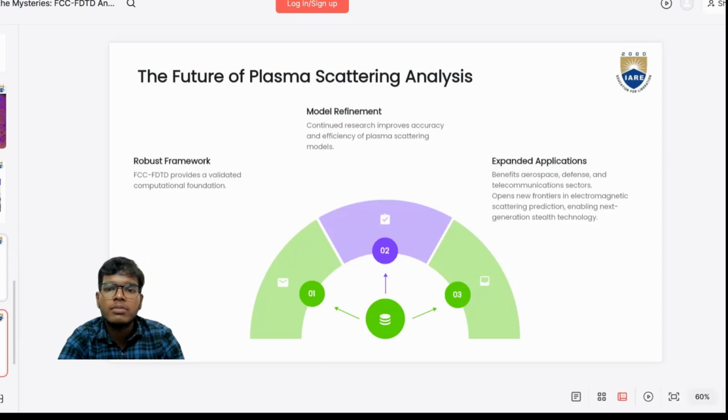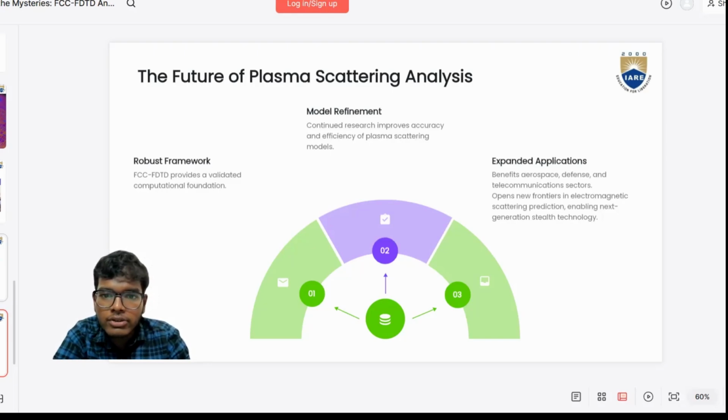The future of plasma scattering analysis. A robust framework: the FCC FDTD method provides a validated computational foundation and model refinement.